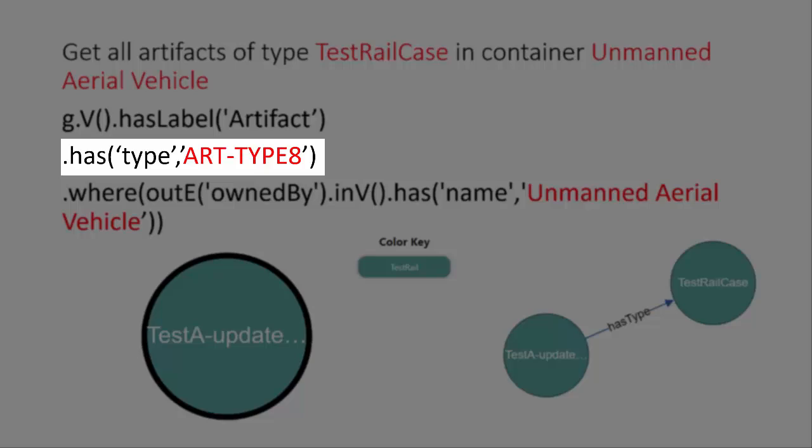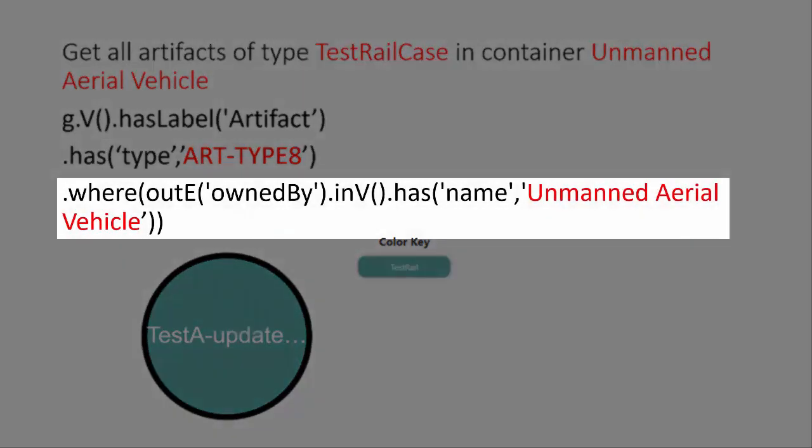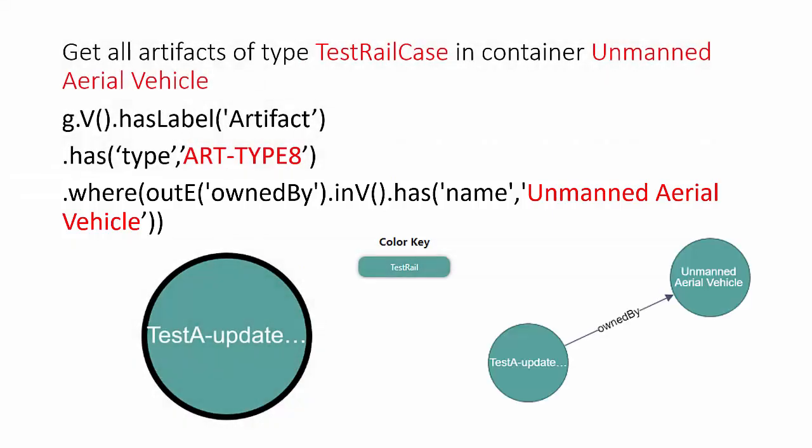Alternately, we could apply a conditional on the vertex property type ArtType8, which corresponds to TestRailCase. The third line is a conditional on the container. Unlike relations, container is not a property of artifacts, so we need to look for an outgoing edge owned by, terminating in vertex named Unmanned Aerial Vehicle, the container name corresponding to a specific TestRail project.